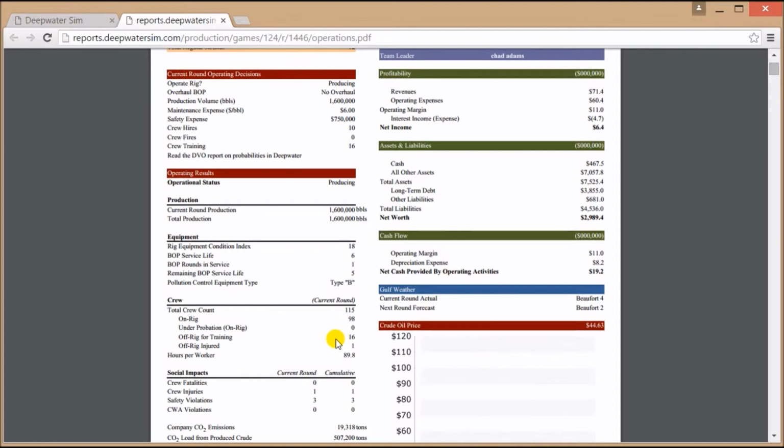So they've reduced the manpower available, and to compensate, they've decided to hire 10 additional workers. When those 16 workers come back in round 3, they will have 131 workers on board the rig.